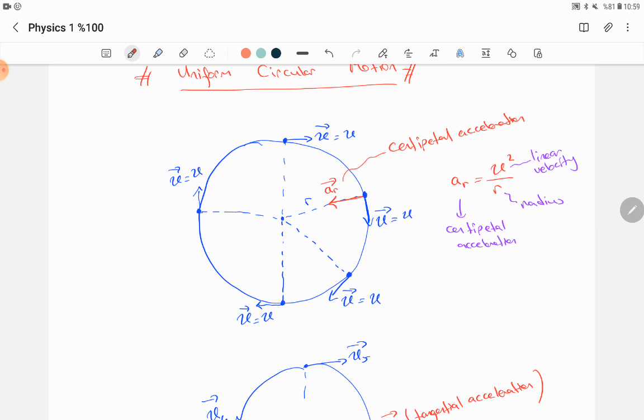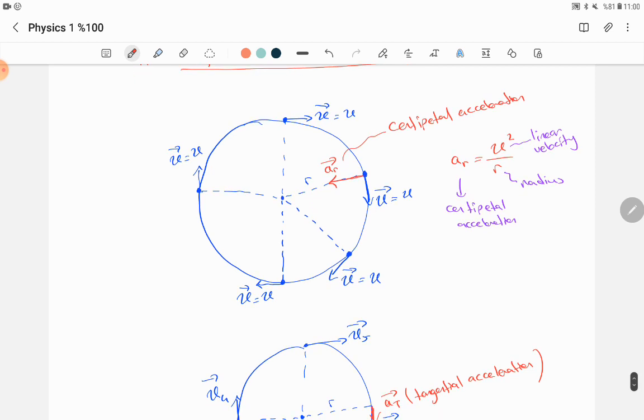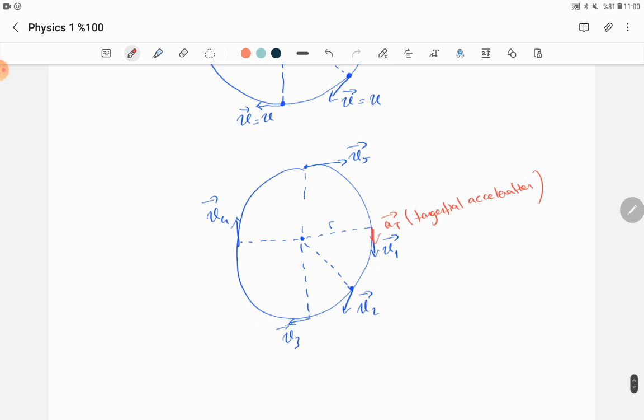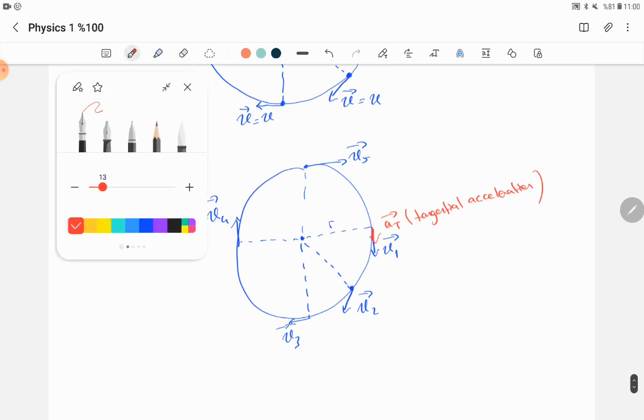And our total acceleration is the sum of these two acceleration types. Let's look at another figure.